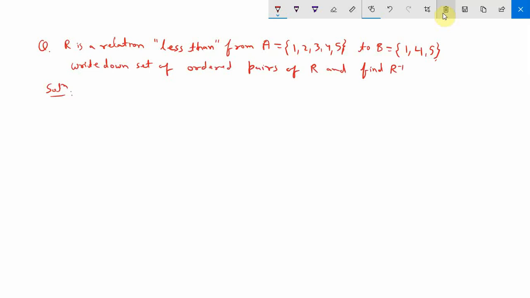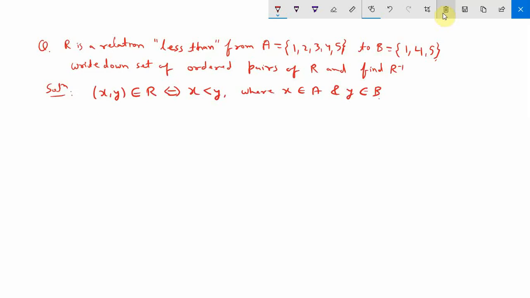See, it is given the relation is: if (x, y) is an element of R, then x is less than y, where x is an element of A and y is an element of B.